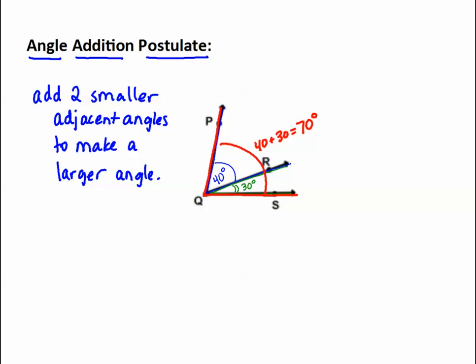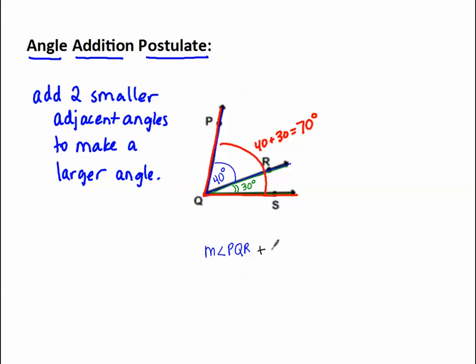So how can we write that with our symbols? We can say it like this. The measure of angle PQR, remember that blue one that I traced first from P through Q to R, plus that little angle right next to it that I traced in green, RQS.